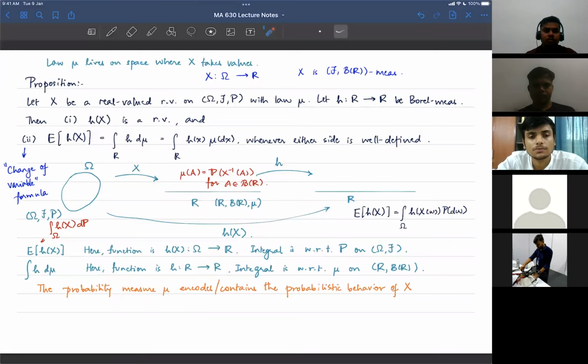So you saw what claim I made about the moment generating function, right? I defined it to be expectation e to the sX. Okay, that is old news. And then I wrote it as integral e to the sx d mu(x). On what basis did I do that? The answer is here. I want you to tell me. How am I using this proposition in that claim I made about moment generating functions?